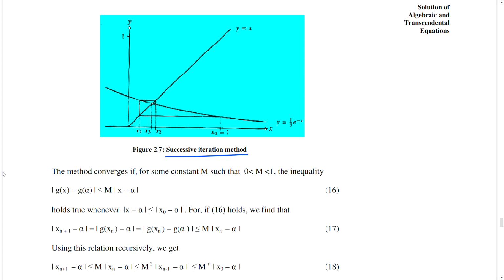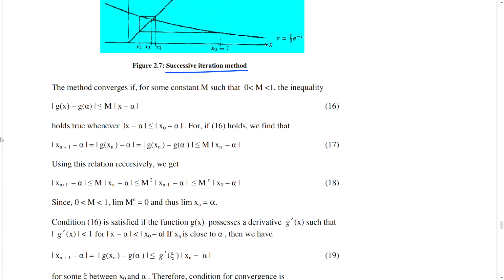For if (16) holds, we find that |xn+1 - alpha| = |g(xn) - alpha| = |g(xn) - g(alpha)| <= m|xn - alpha|.